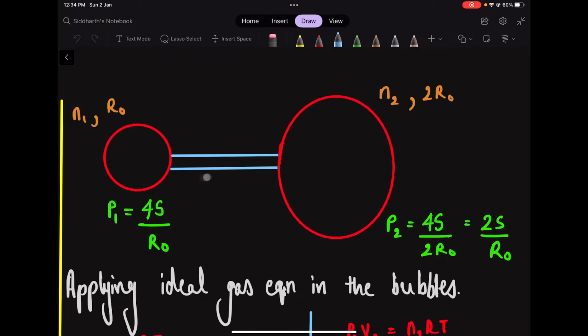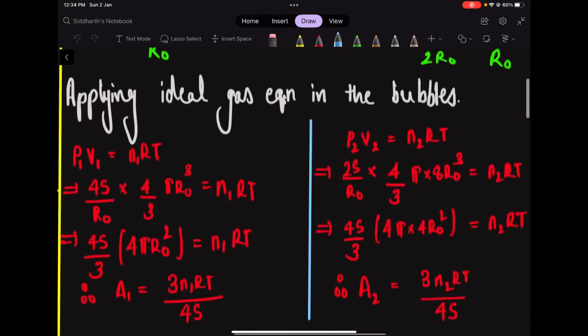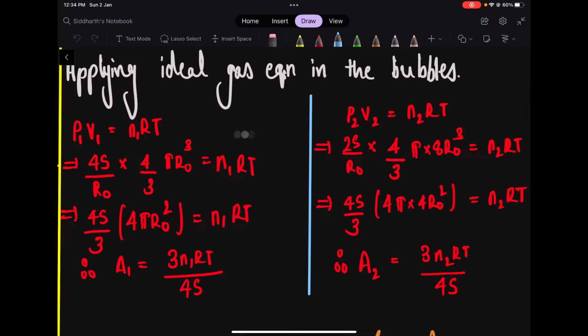Now applying the ideal gas equation, that is PV equals nRT, in each bubble. First in the left bubble, P1V1 equals N1RT. So P1 is 4S by R0 into volume, that is 4 by 3 pi R0 cubed, equal to N1RT. So R0 and R0 cubed will just give R0 squared, and 4 pi R0 squared is the surface area A1.